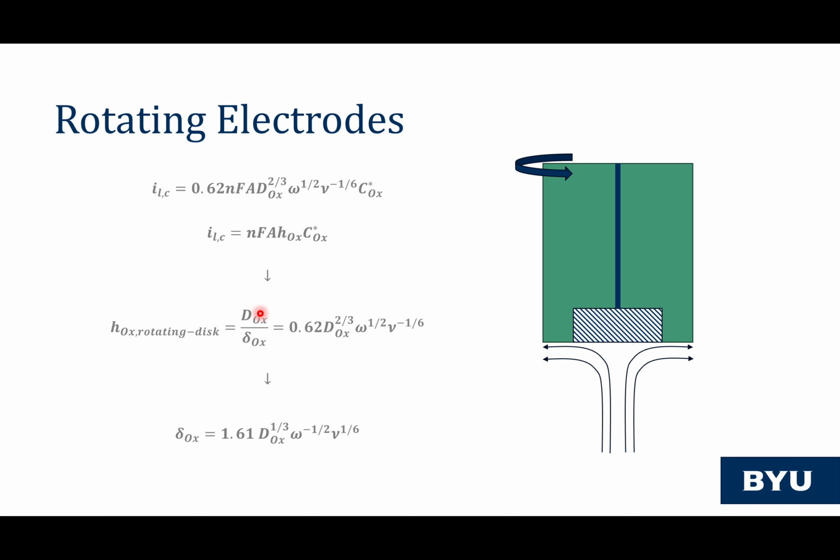And then because we have diffusivity on both sides of the equation here, we can actually solve for the diffusion layer thickness based off of the diffusivity and how fast you're spinning things, and the viscosity of your solution. So these are really handy equations. This is the Koutecký-Levich equation is what this is referred to as.